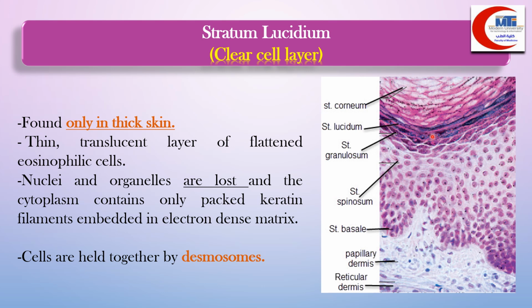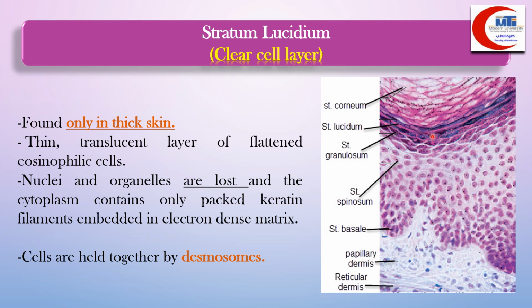The cytoplasm consists mainly of filaments, still containing the intermediate filaments, keratin tonofilaments, and also contains Leyden granules derived from keratohyaline granules.